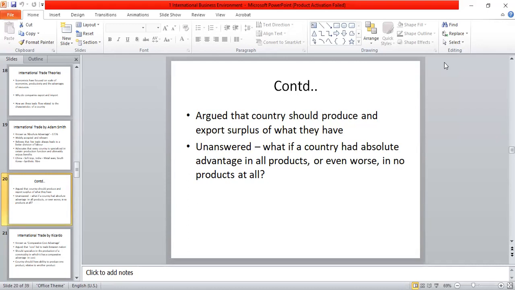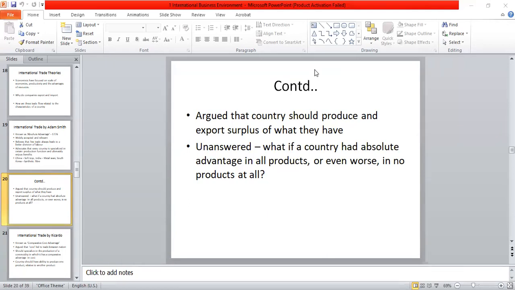Now, with this assumption, if we produce all products in our country, then naturally we may not get more benefits than competitors. So naturally we may not get customers to buy our product, because we produce excess, higher quantity.